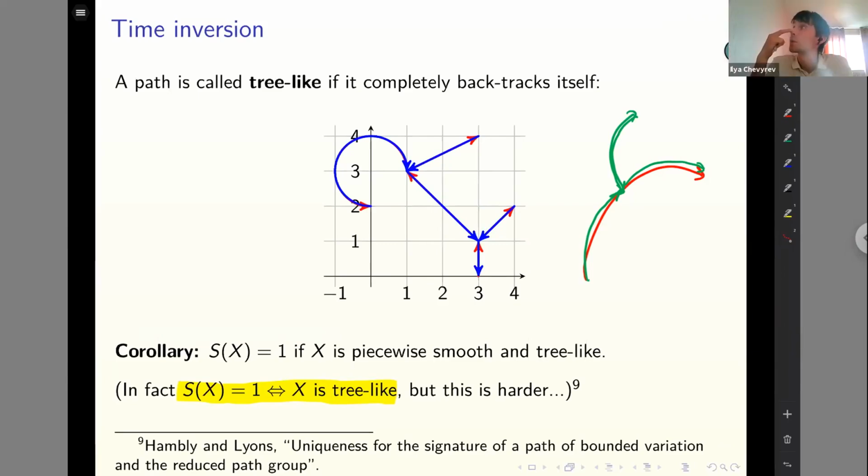Right, there is a rule for it. It's called dilating your path. If you look at the kth level of the signature, that whole kth level, so all the words of length k, the signature of those words will be multiplied by that constant to the power k.